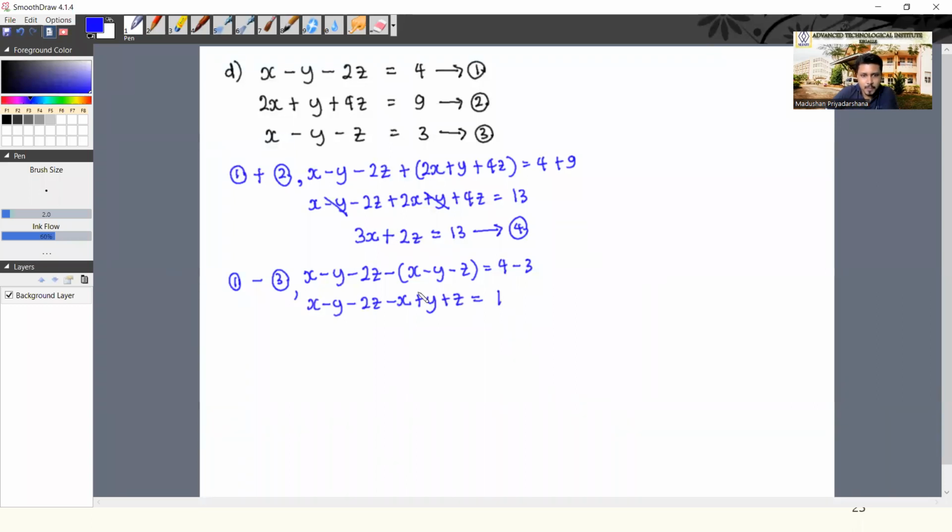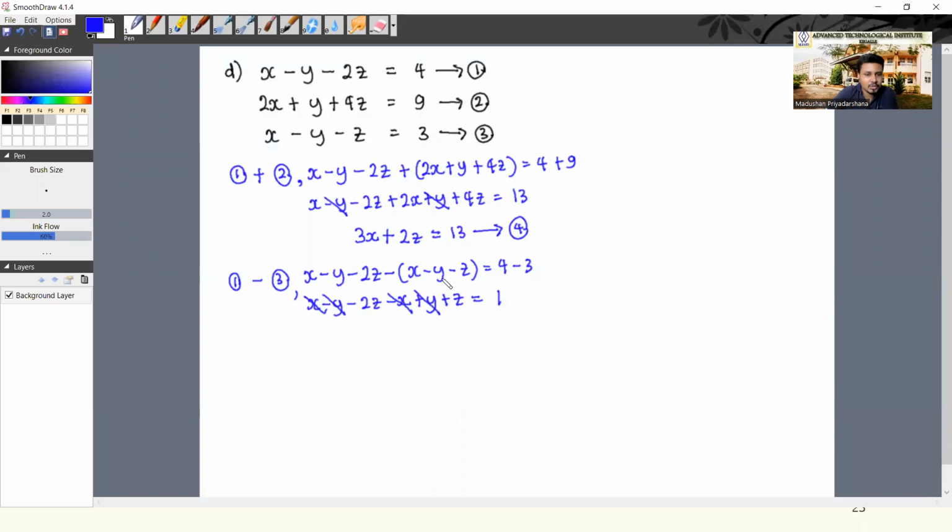Here minus y and plus y we can cancel, and also x and minus x we can cancel. But our original intention was to eliminate y.